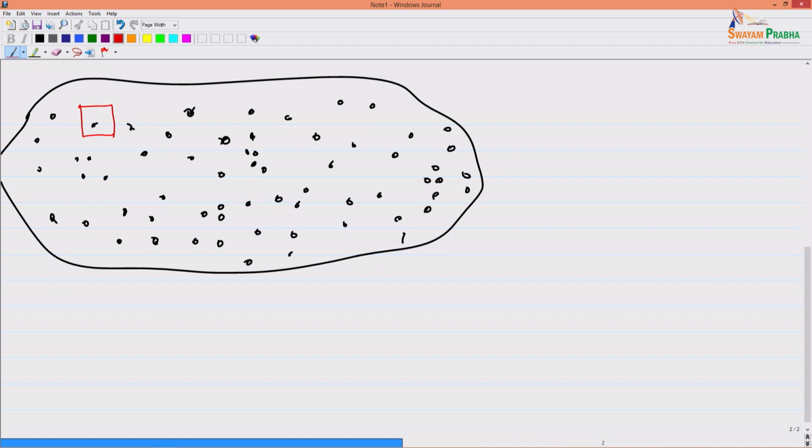The number of molecules in this volume is going to change, because these molecules that you see here are all moving around, going in and out of this boundary that I have set. So, let's call this A. This is a little volume that I have. I could have another volume which is something like this.